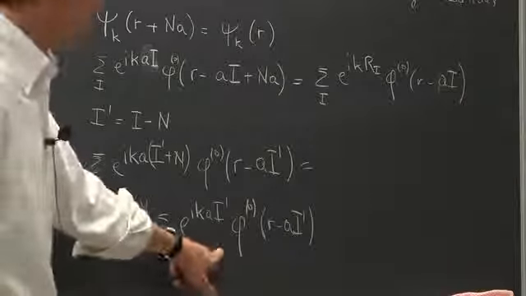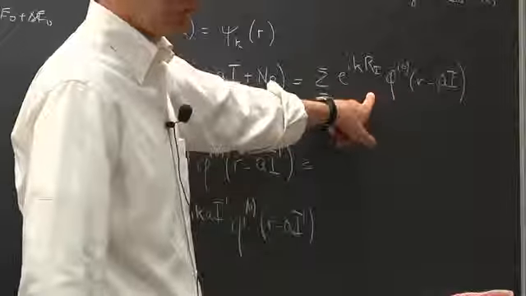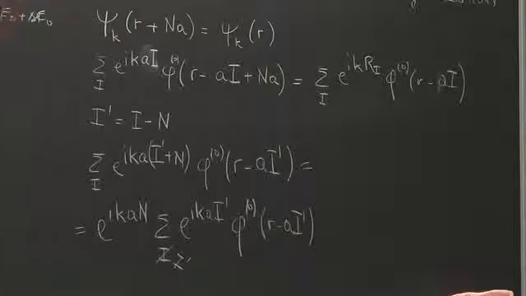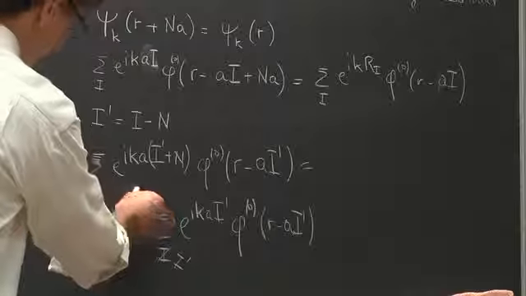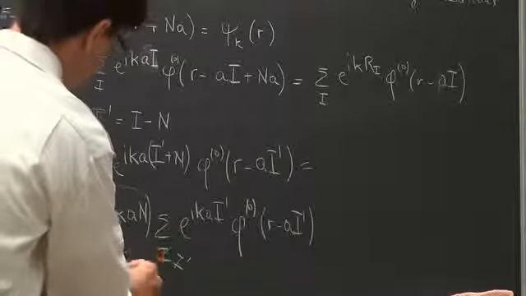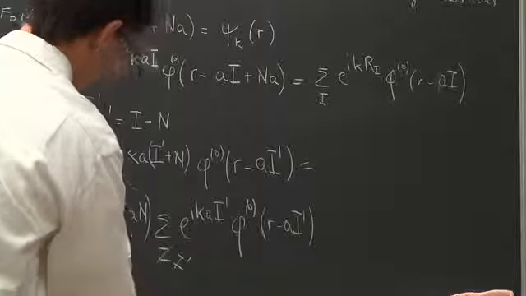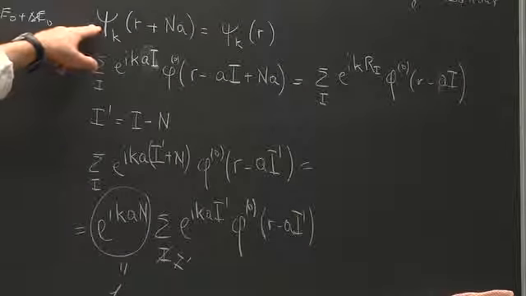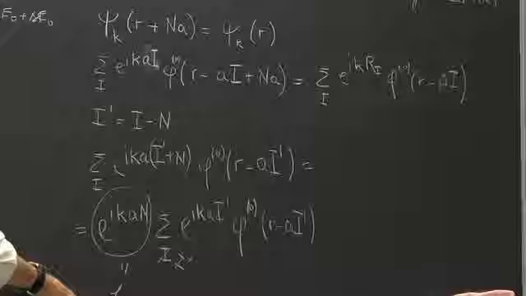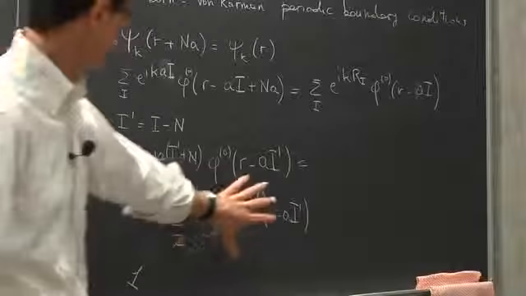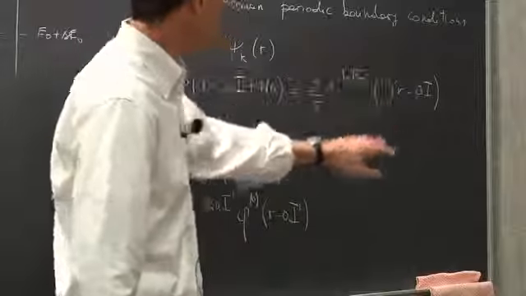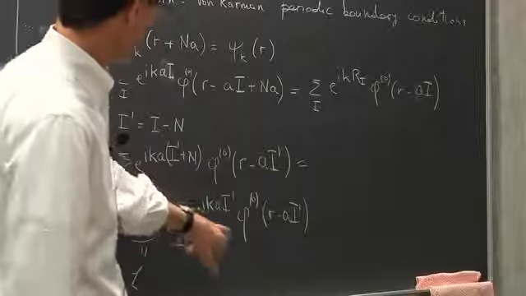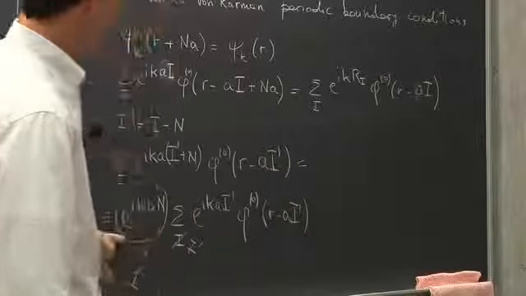But if this object is the same as the right-hand side, and I want these two quantities to be equal, this factor must be 1. If I want to impose this periodicity, this factor must be 1.